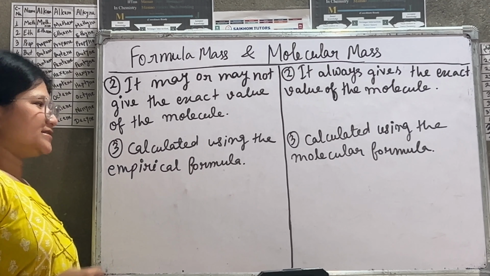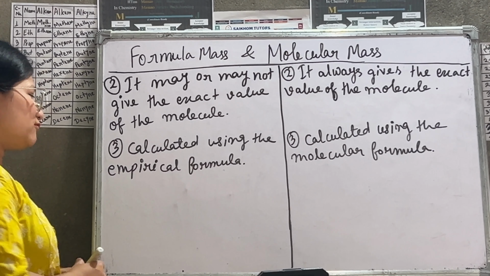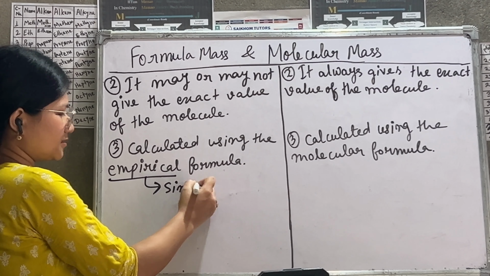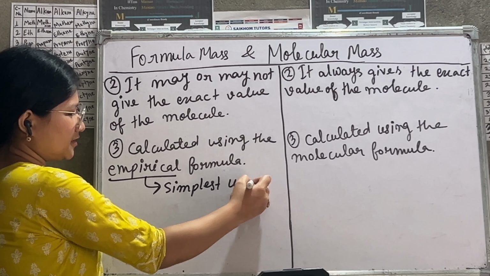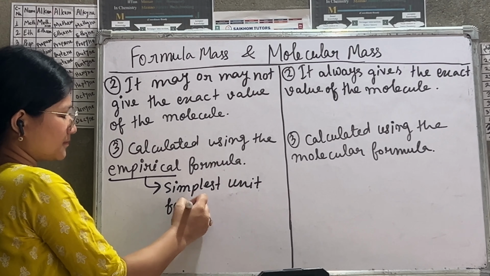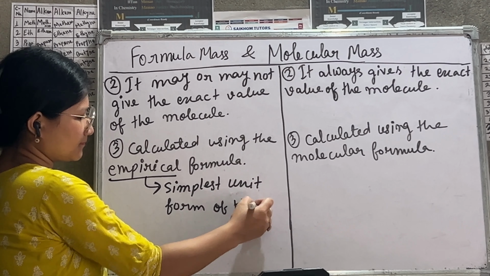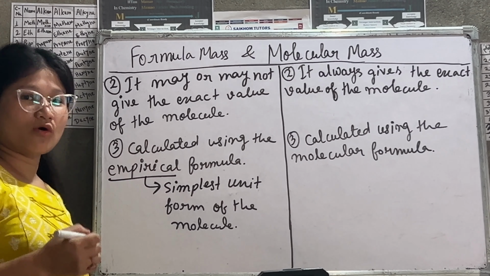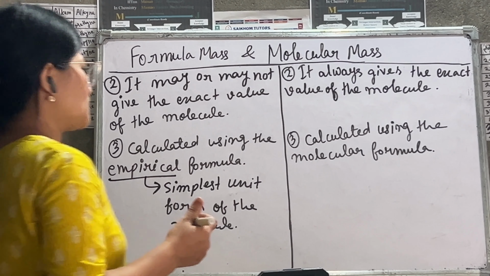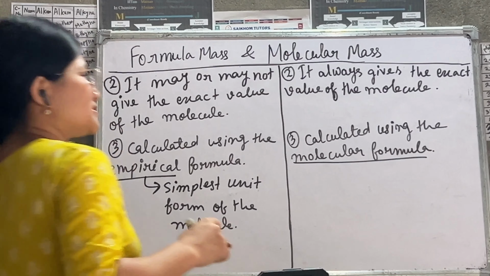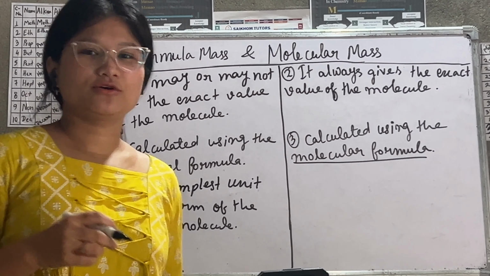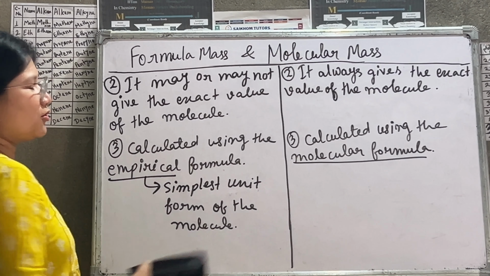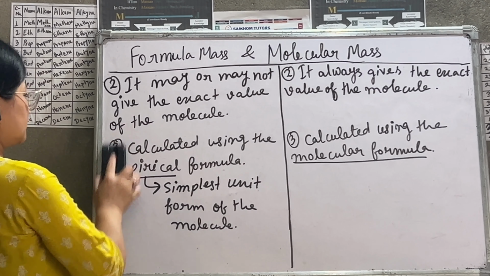The third point is that formula mass is calculated using the empirical formula, which means the simplest unit form of the molecule, already discussed before. And molecular mass is calculated using the molecular formula. Okay, moving to the next point.